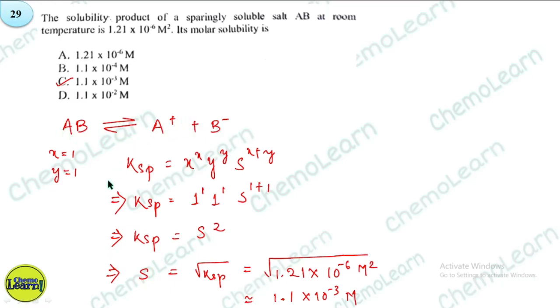We have the formula Ksp equals x to the power x, y to the power y, S to the power x plus y, where x and y are the stoichiometric coefficients of the cation and anion, Ksp is the solubility product, and S is the solubility. Here we substitute x equal to 1 and y equal to 1, because nothing is written, that means it is 1. So Ksp will be S square, and S will be the square root of Ksp, where the value of Ksp is 1.21 into 10 to the power minus 6 M square. So S will be 1.1 into 10 to the power minus 3.